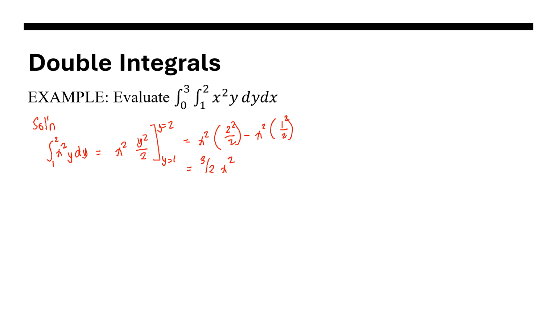So this function, 3 halves x squared, can be integrated again with respect to x from 0 to 3.